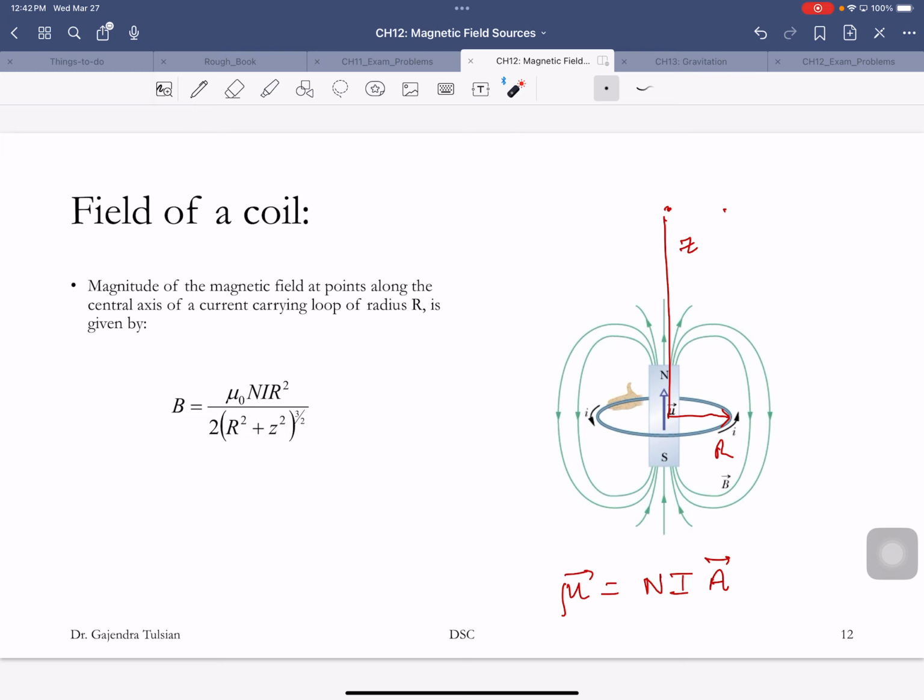R is the radius of the ring, z is the z coordinate. So that's the magnetic field on the axial points. And again, if you wanted the magnetic field at this point, well, you're out of luck. We can't do that integral.